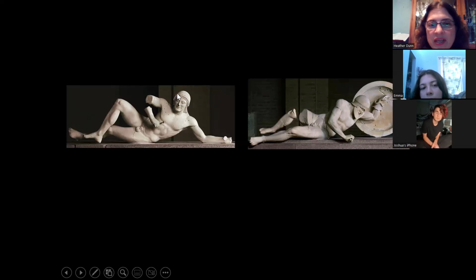And then we also have, with the archaic style, this very stylized, weird braided hair. The muscles are way too exaggerated in this figure. Where in this figure, they're still really exaggerated, but more realistic.